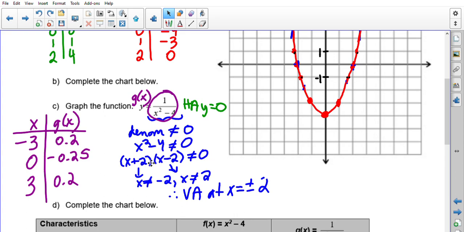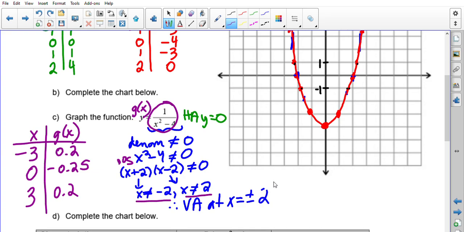We factor this as a difference of squares, and then we get that the roots would be plus or minus 2. So essentially, we just found the two restrictions. x cannot equal positive 2 or negative 2, as that would make the denominator 0. And mathematically, that means the vertical asymptotes are at x equals plus or minus 2.